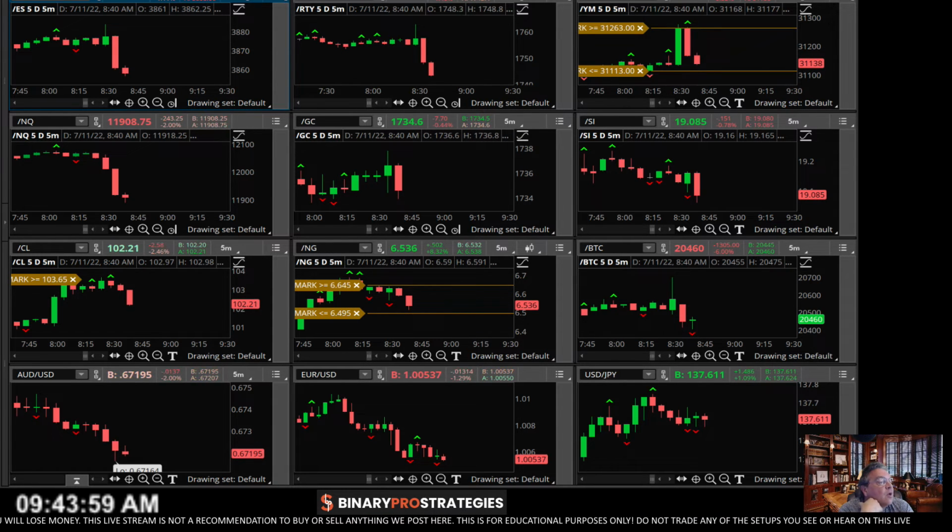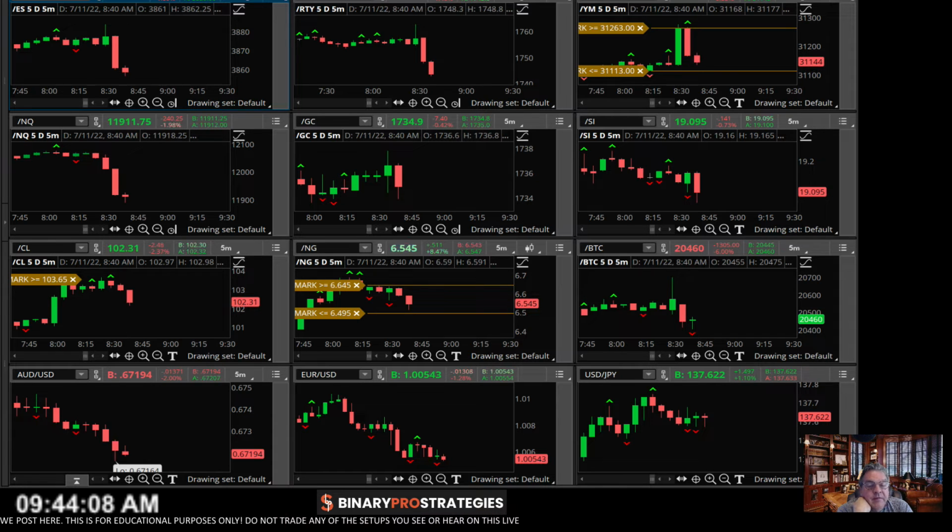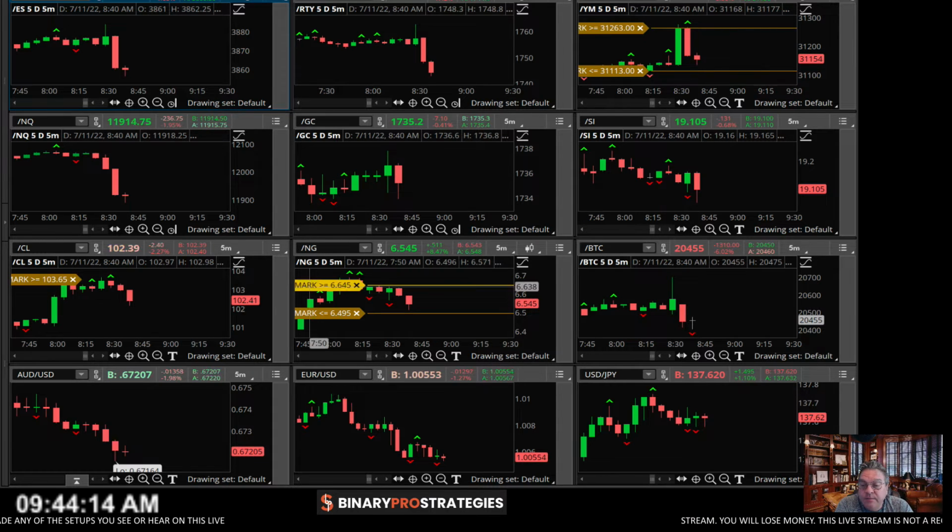Still short mini Dow, looking to hit target. Natural gas still short. Have that double short on your US yen. Gonna exit here in about 30 seconds on the US yen.